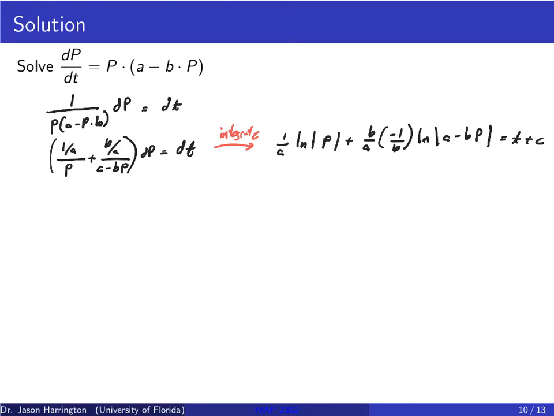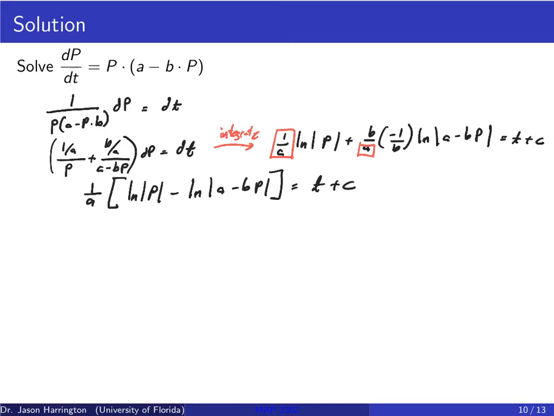Okay, now you'll notice that each one of these little guys has a 1 over a in it, so I can go ahead and factor that out. And then the b's cancel, which is really nice. So then I have 1 over a times the natural log of the absolute value of p minus the natural log of the absolute value of a minus b times p is equal to t plus c.